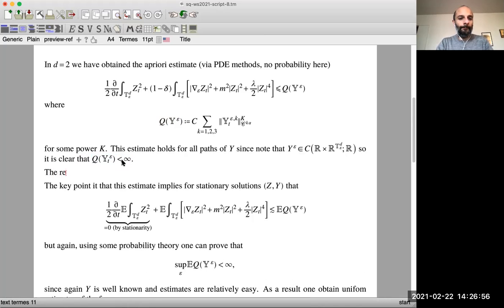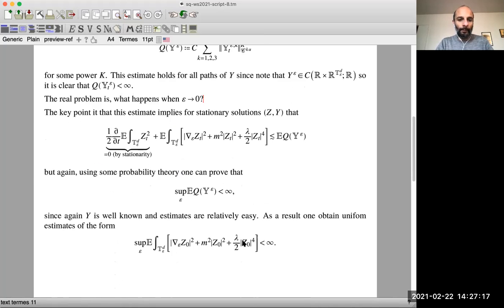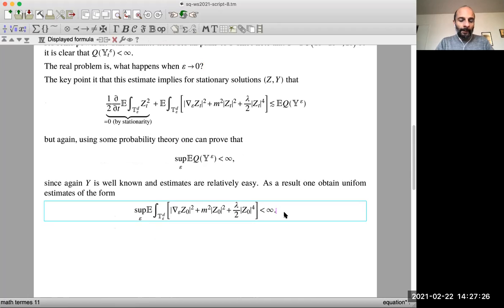The real problem is what happens when epsilon goes to 0, okay? And at this point, you take the averages, and now you can prove that uniformly, this average is finite, okay? And then this gives you a uniform estimate on Z.